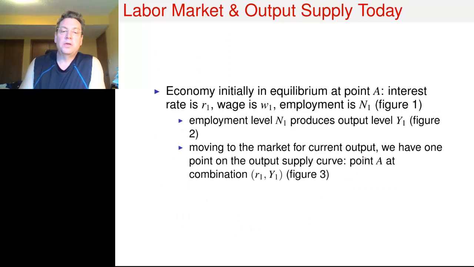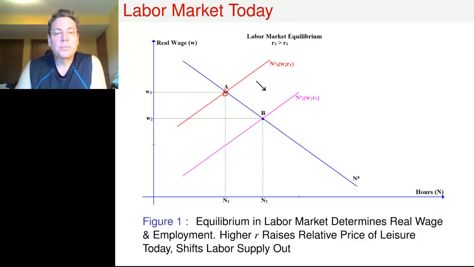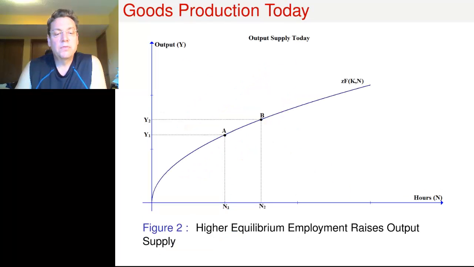Let's imagine that the economy is initially in equilibrium at point A, where we have a real interest rate of R1, an equilibrium wage of W1 and employment N1. Given that level of employment N1, using the production function, we see that we're producing a quantity of goods Y1.